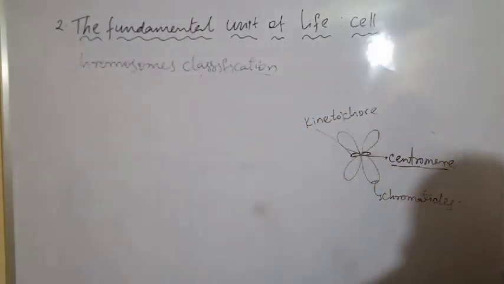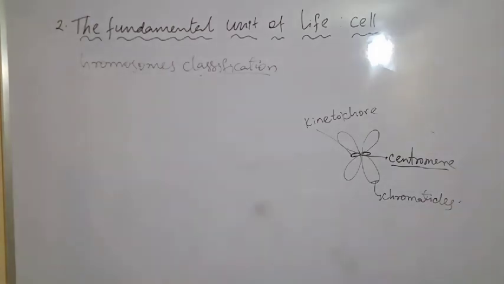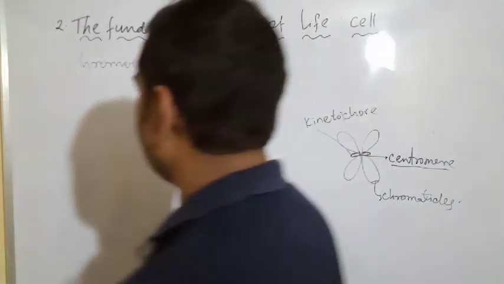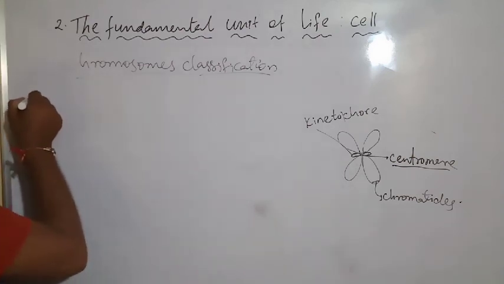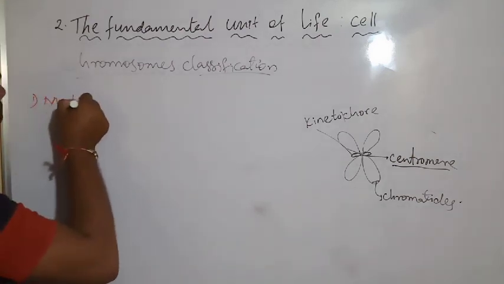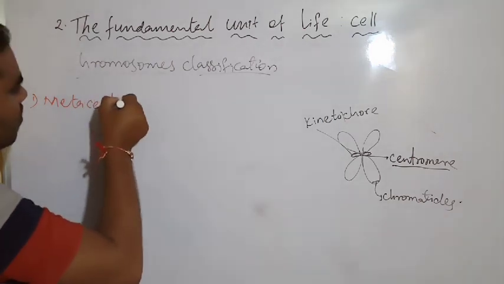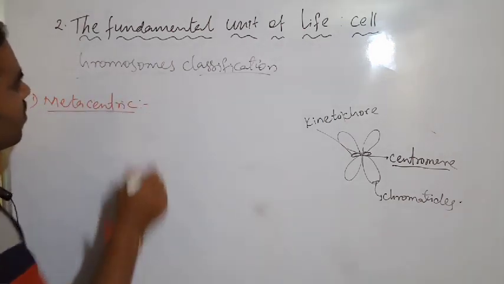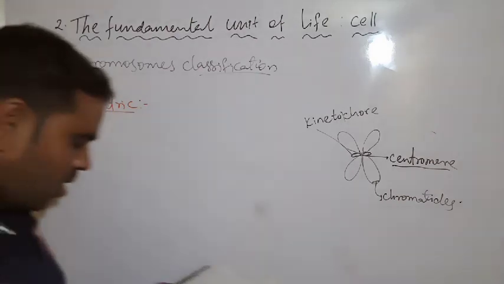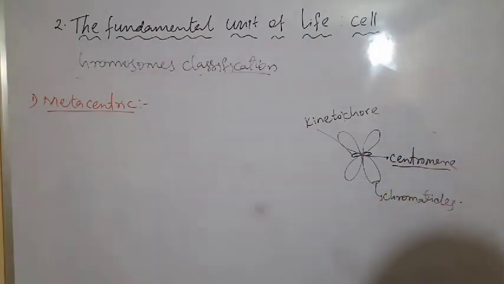We classify based on the position of the centromere: metacentric, submetacentric, acrocentric and telocentric. The first one is metacentric, then submetacentric, acrocentric, telocentric. So we have to learn.